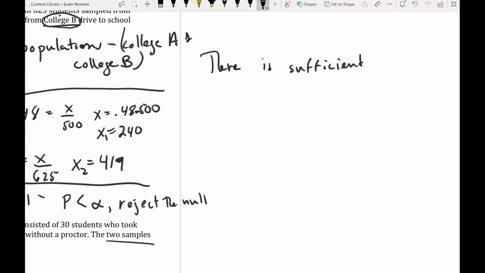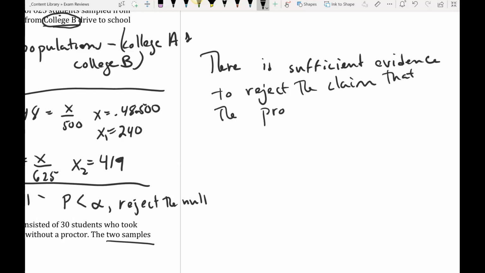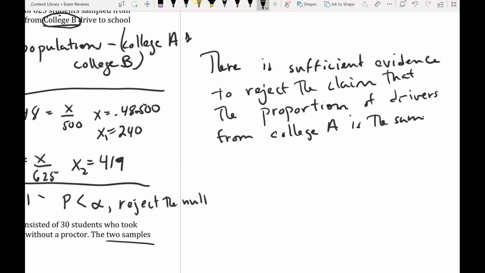So there is sufficient evidence to reject the claim that the proportion of drivers from college A, this is so huge, is the same as the proportion from college B. That's what I'm rejecting.